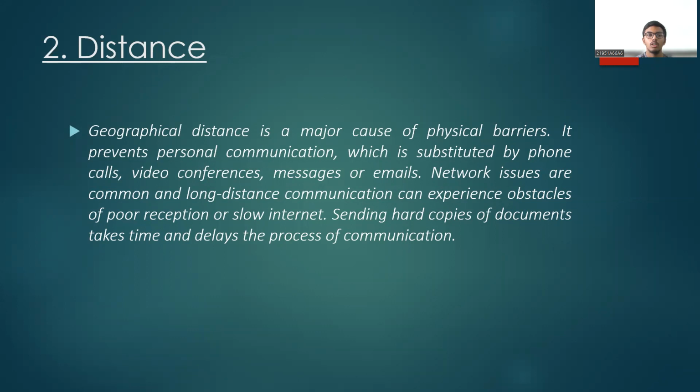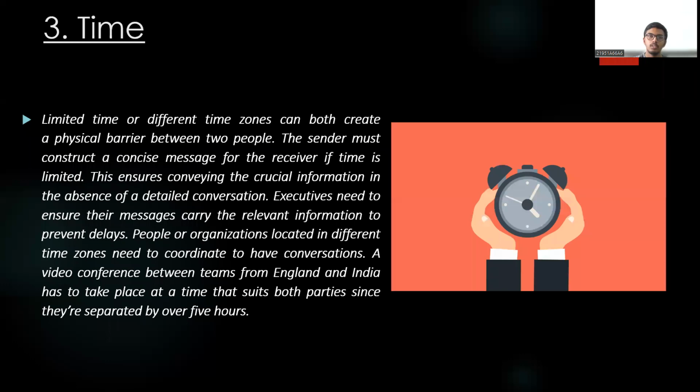Network issues are common, and long distance communication can experience obstacles of poor reception or slow internet. Sending hard copies of documents takes time and delays the process of communication.